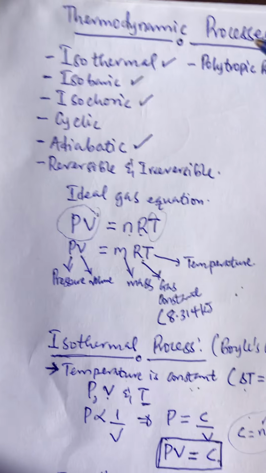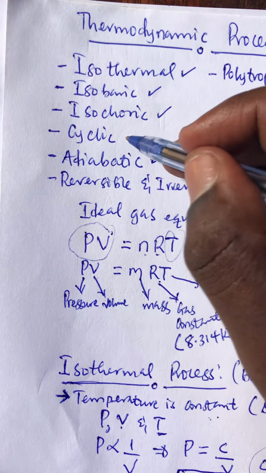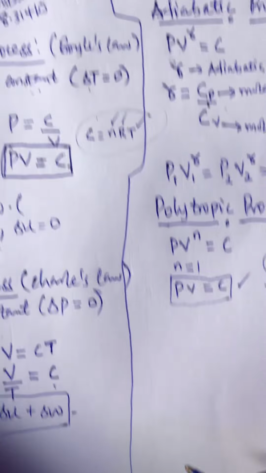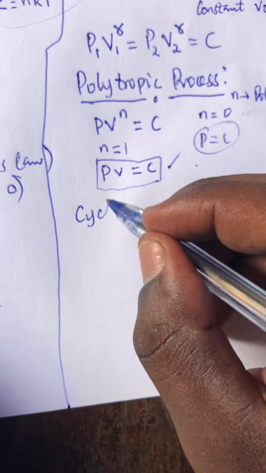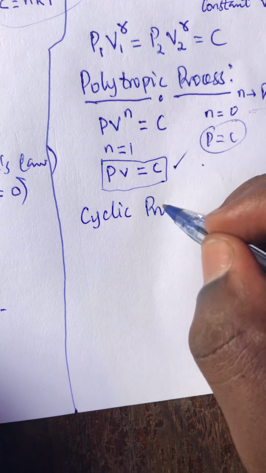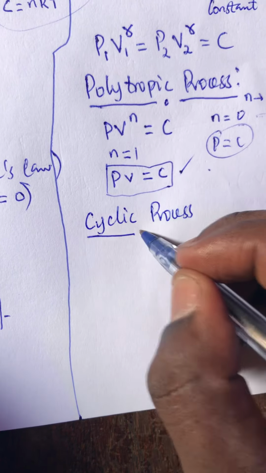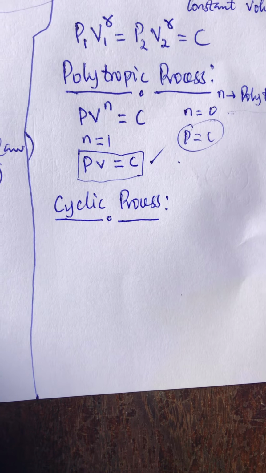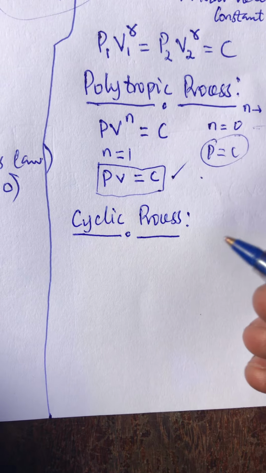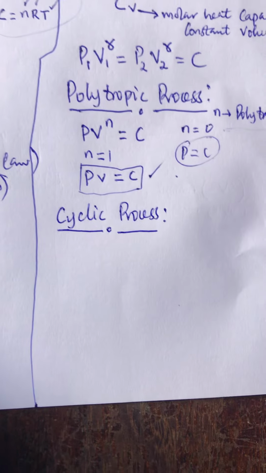Then after that we can look at the cyclic process. A process is said to be cyclic.